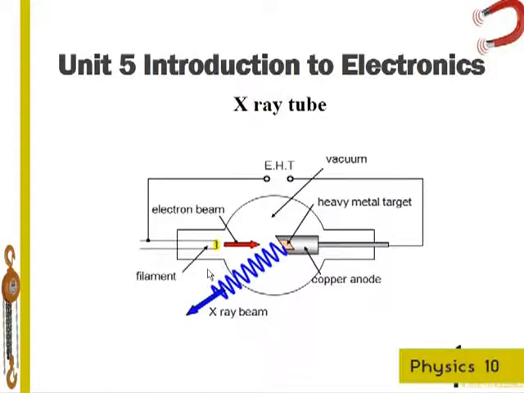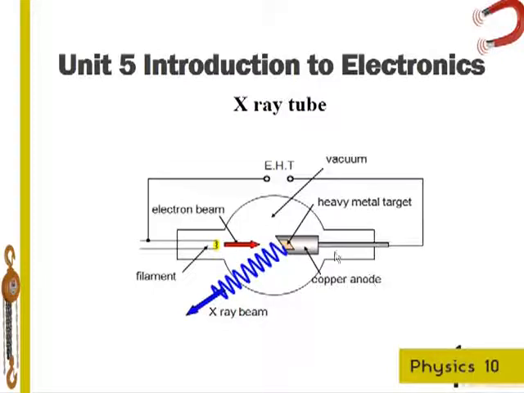And if you look at the X-ray tube, you see something quite interesting, because in the X-ray tube you have a filament which is being heated up to release electrons. So this is acting a bit like the example that we saw in the previous diagram, in the sense that this is acting like a cathode which is emitting electrons.